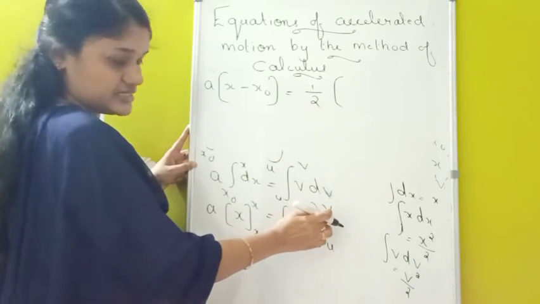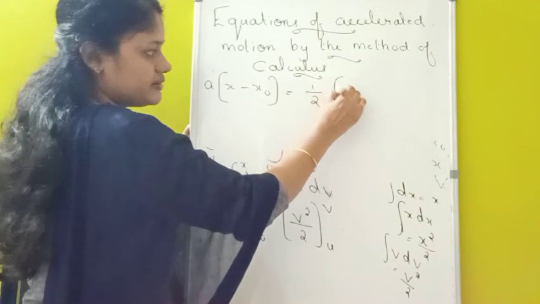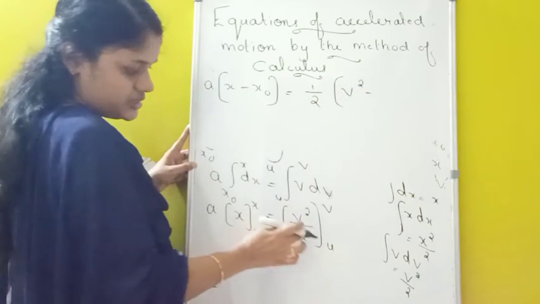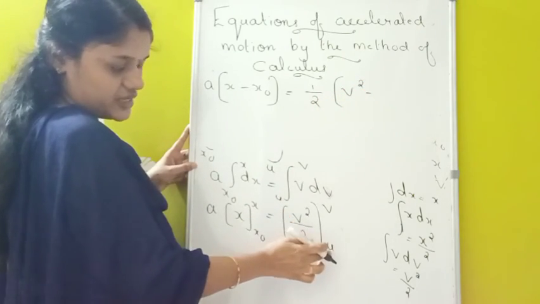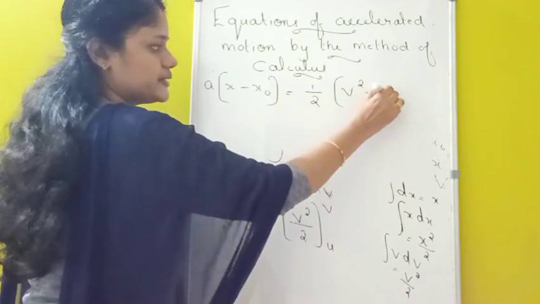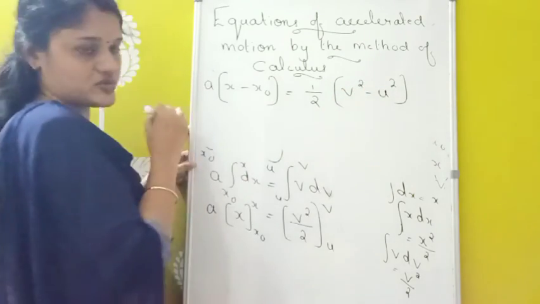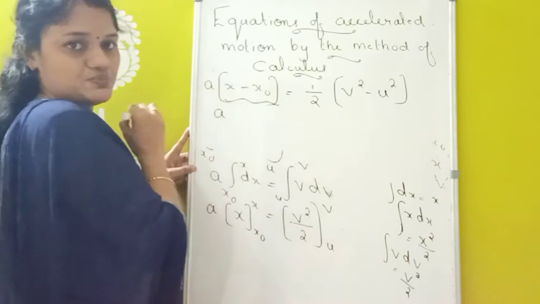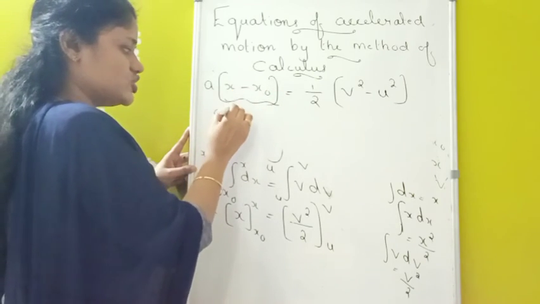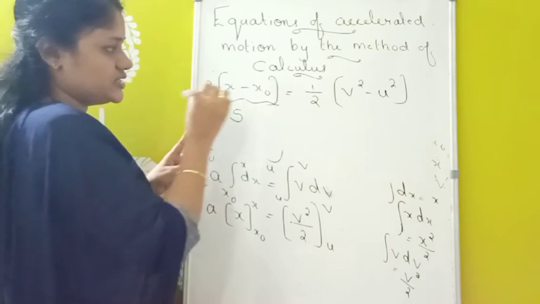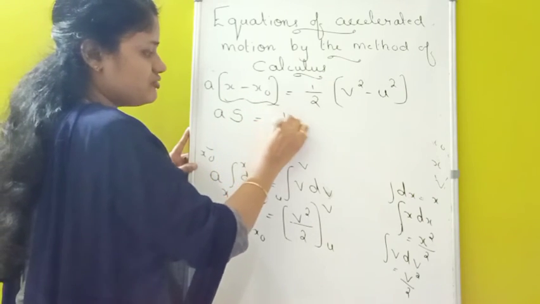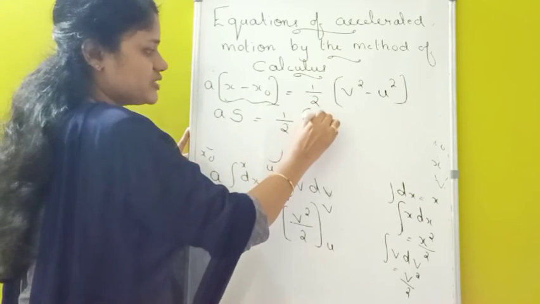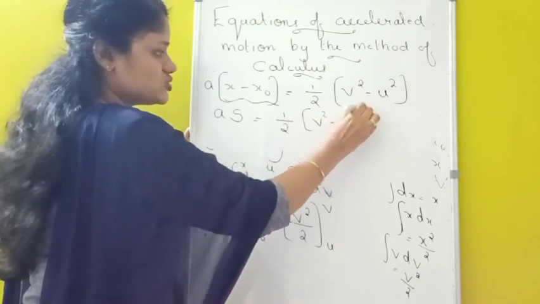Put the upper limit v, so v square minus, put the lower limit, so instead of v we put u, u square. That is a into x minus x0, which is taken as displacement. That means instead of x minus x0 we can write capital S. That is equivalent to half into v square minus u square.